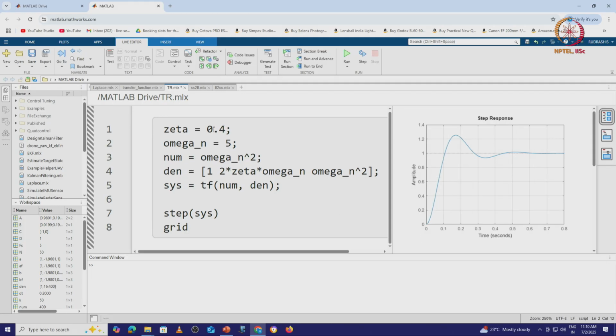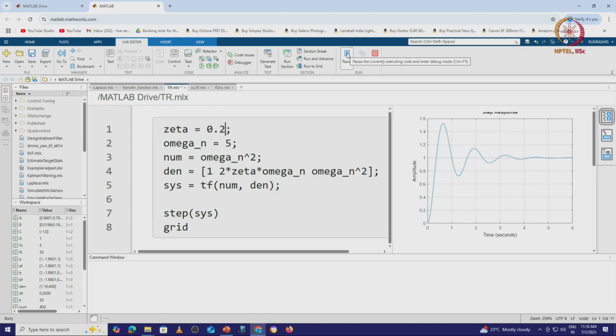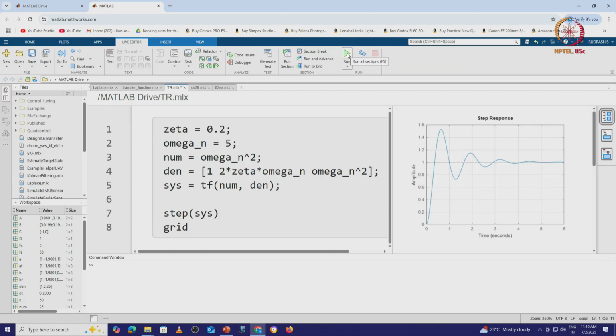Now we will change the value of zeta. It is an underdamped system where we have 0.4. If we make it even less damping, then what will happen? Let's see.